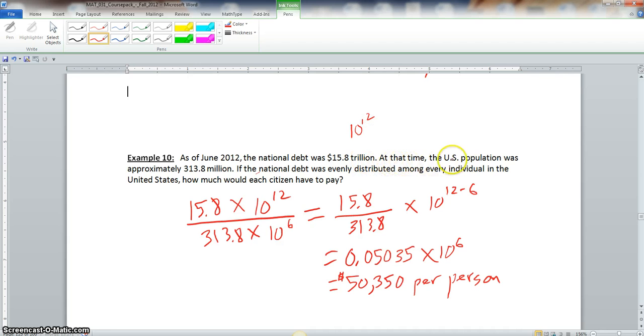Now, at that time, the U.S. population was approximately 313.8 million. Now, millions, you can go back to page 114, but millions is represented by 10 to the 6th power. If the national debt was evenly distributed among every individual in the United States, how much would each citizen have to pay?